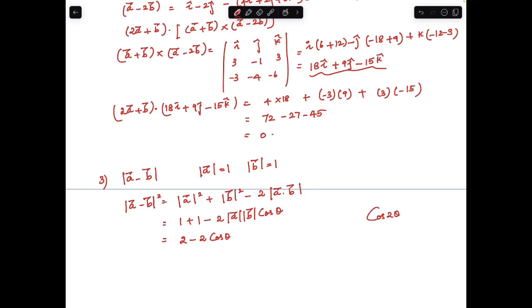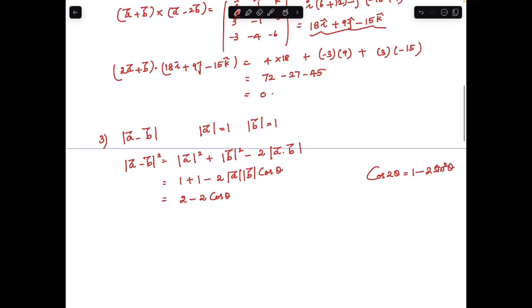Cos 2 theta is 1 minus 2 sin square theta, but in this expression we have cos theta instead of 2 theta. So cos theta becomes 1 minus 2 sin square theta by 2. 2 taken common, 1 minus cos theta, which is equal to 2 into 2 times sin square theta by 2, that is 4 sin square theta by 2.